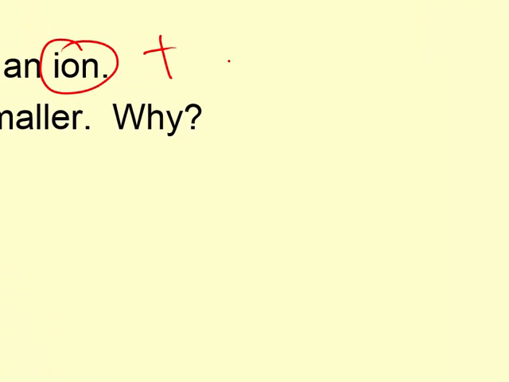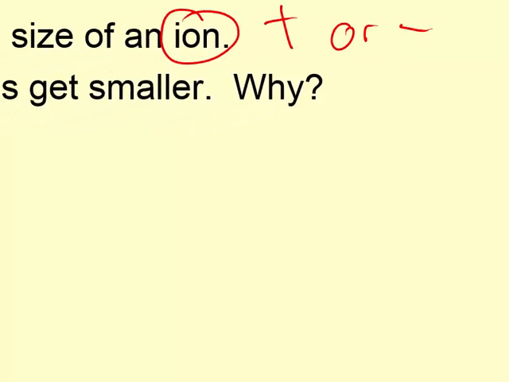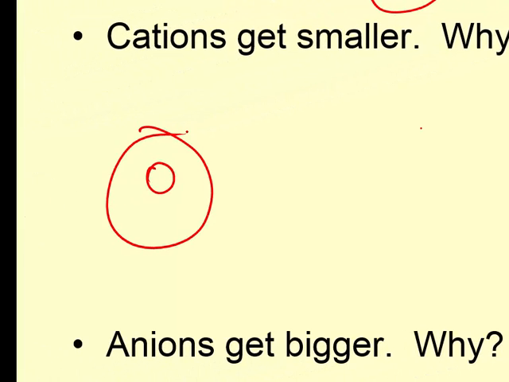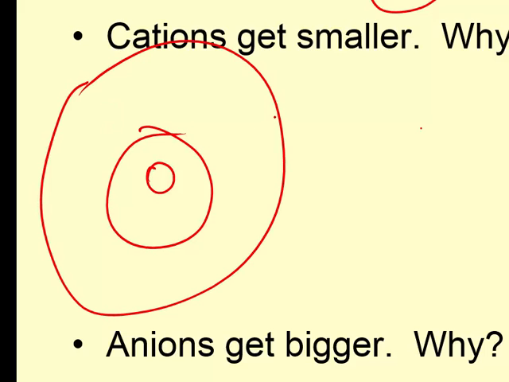Ionic radius, this is the size of the ions. Okay, ion means positive or negative. Cations get smaller. Why? So let's take a look at this. If I'm a nucleus and my cations have, say, I've got 2 electrons in my outer row. And what happens is I lose 2. Here's my nucleus.